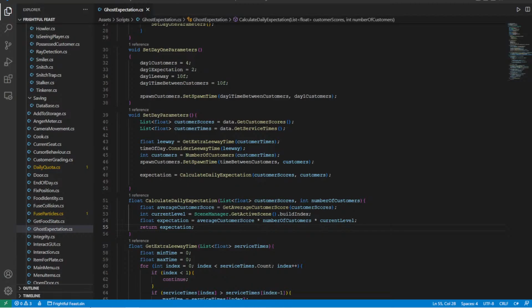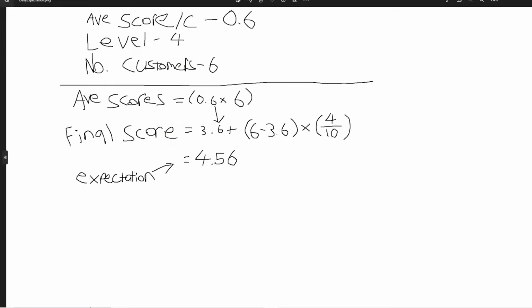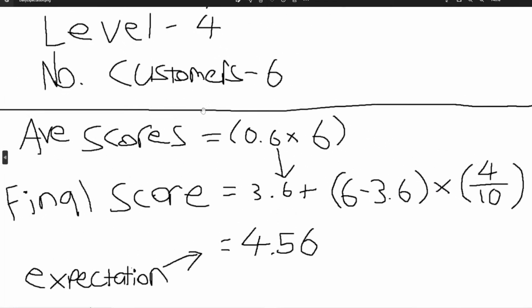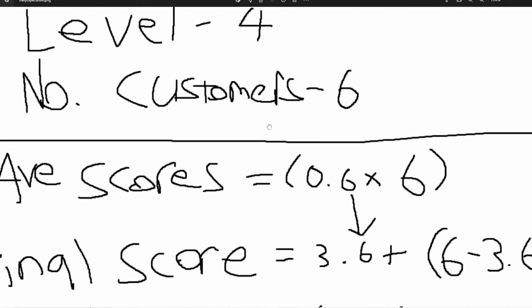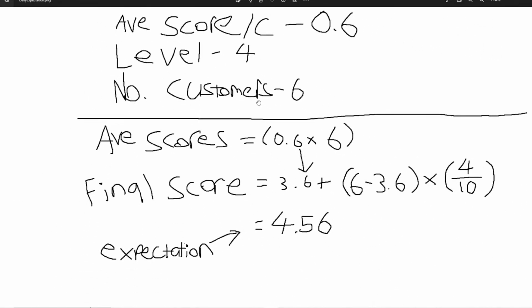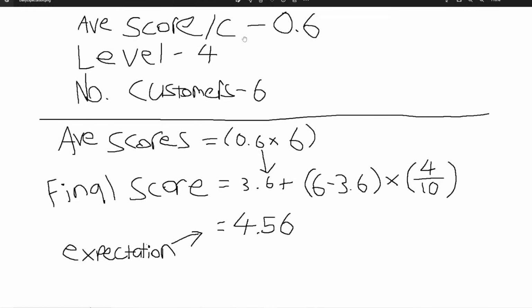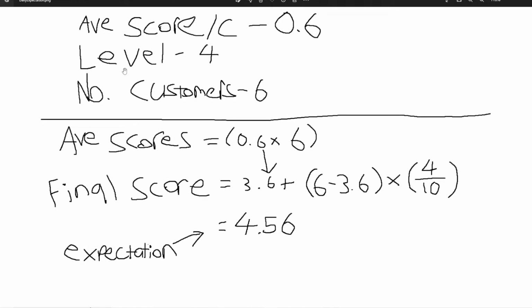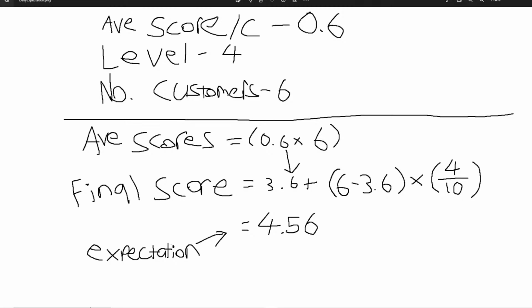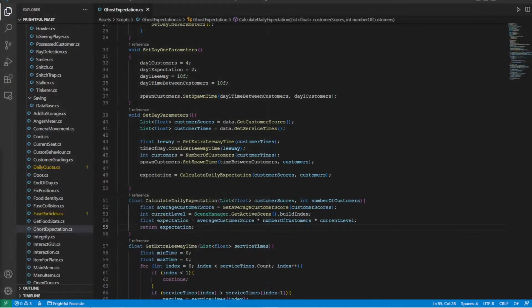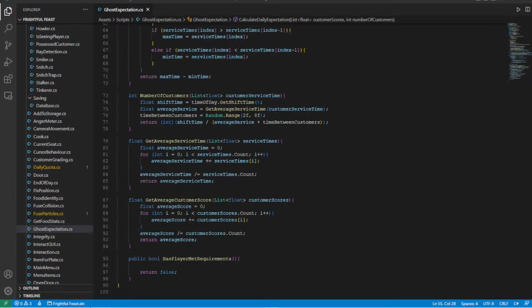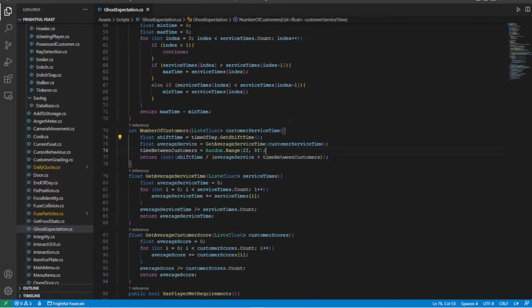Alright, so I did a little reference to help with the daily expectation. I just drew some paint. So this is the average score from the previous day. The level is obviously the current level, and the number of customers will be determined at the start of the day, which is calculated here.